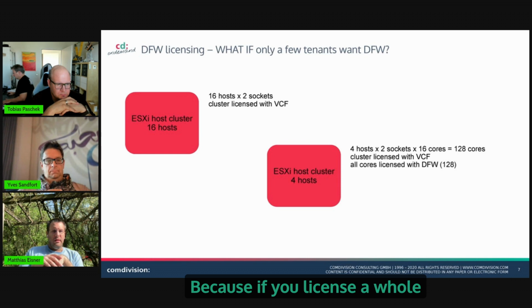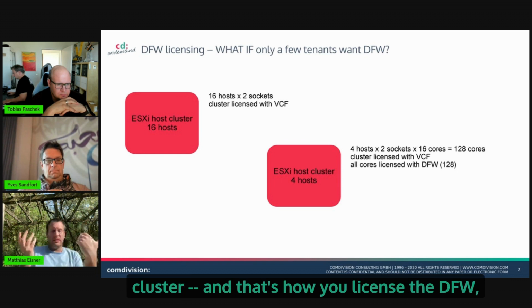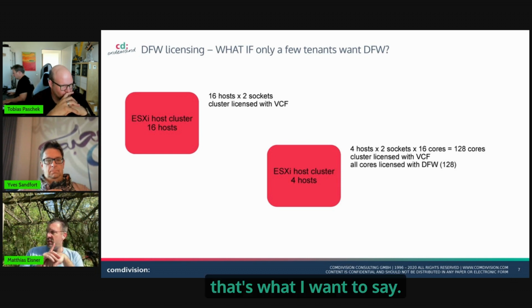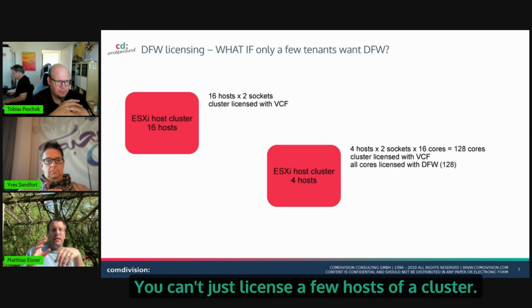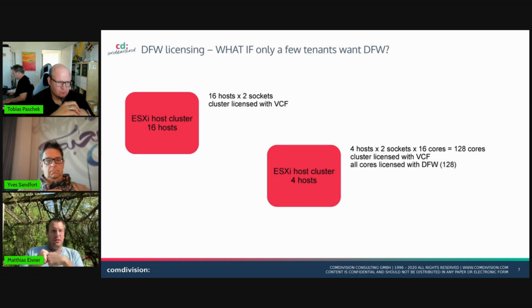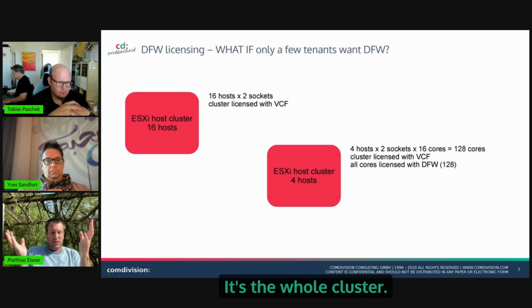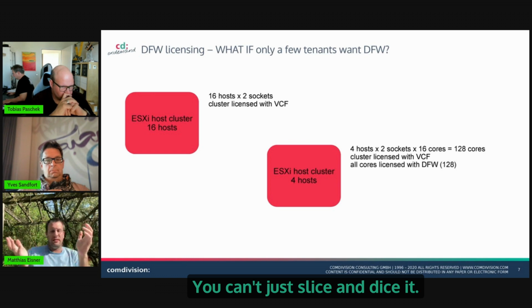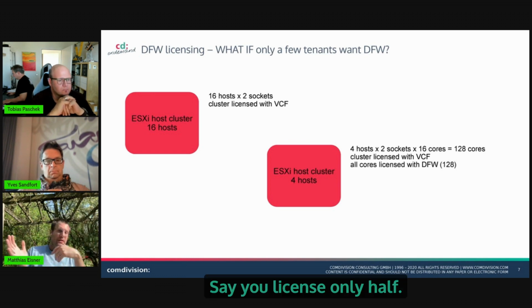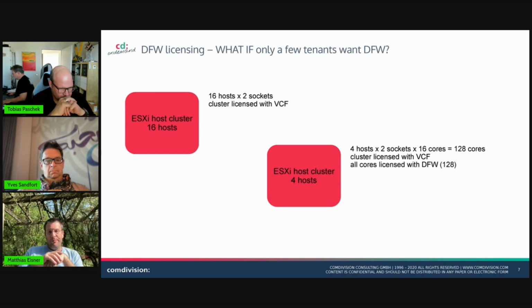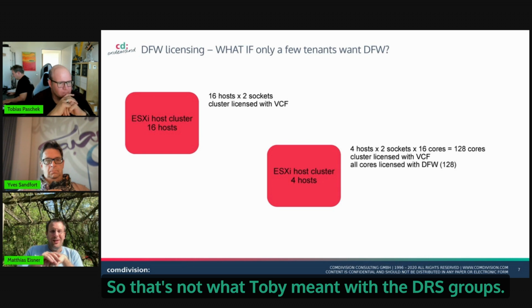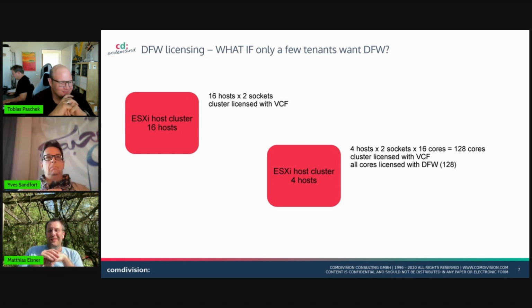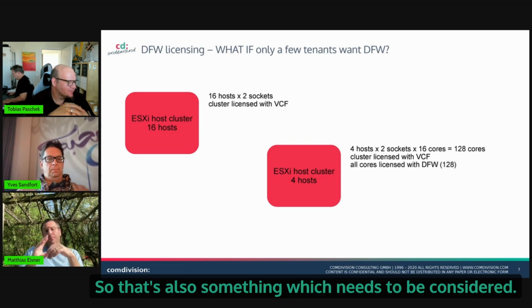Because if you license a whole cluster, and that's how you license the DFW, you can't just license a few hosts of a cluster. It's the whole ESXi host cluster, that's it. You can't just slice and dice it and say I license only half. So that's not what Toby meant with the DRS groups. That's also something which needs to be considered.